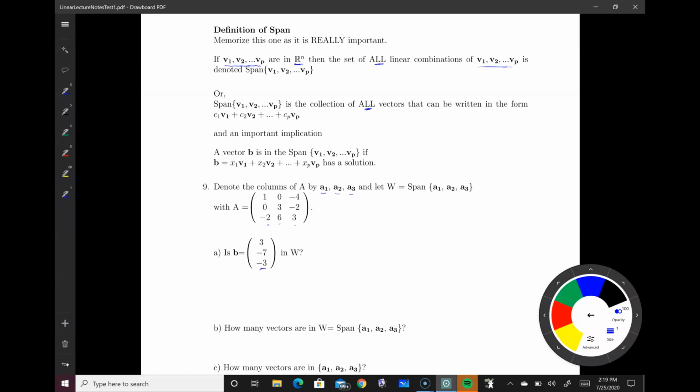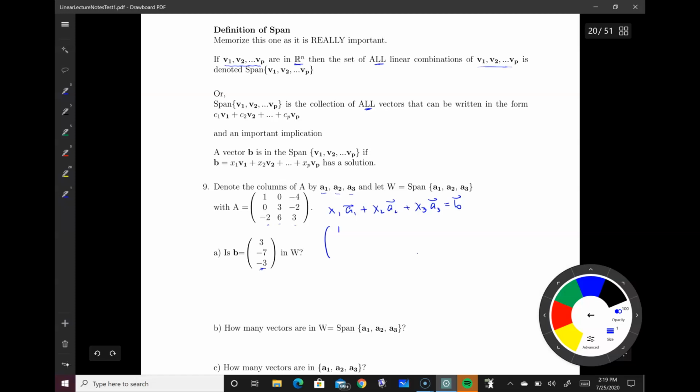So what that is asking, is there a linear combination of these? Can it be written as a linear combination of these vectors, right? Is there an x1 that I can find times a1, an x2 times a2, x3 times a3 to get to the vector b? So again, this is a system that I can put into an augmented matrix.